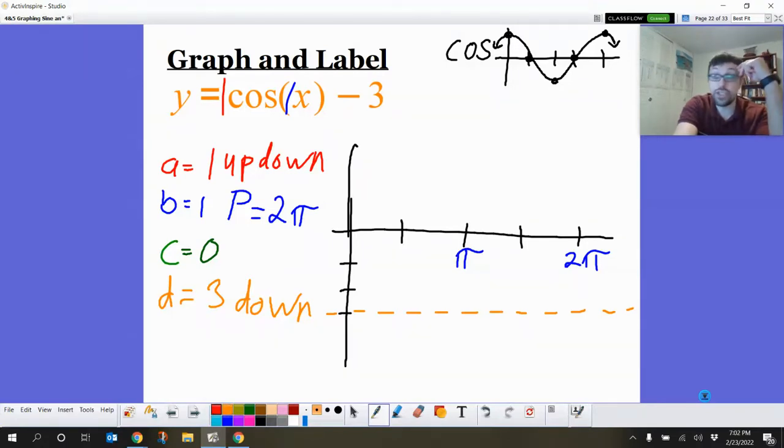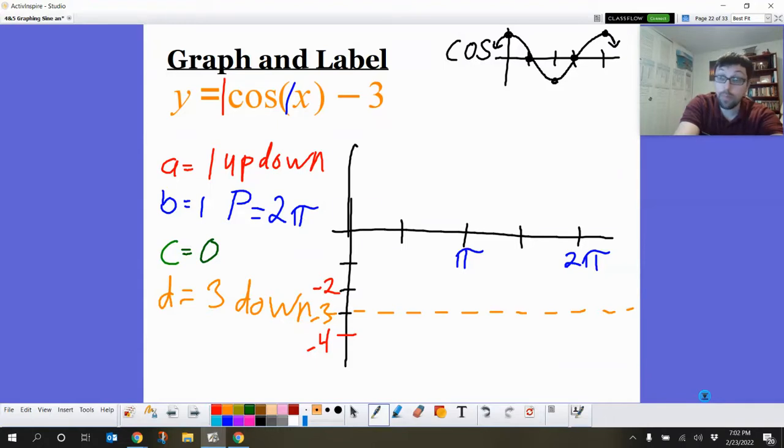And then I want to shift my amplitude off of my sinusoidal axis. So since my axis is down here at -3, I want to go up 1 and down 1 from -3. So I'll wobble between -2 and -4.